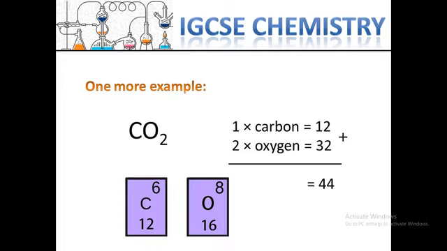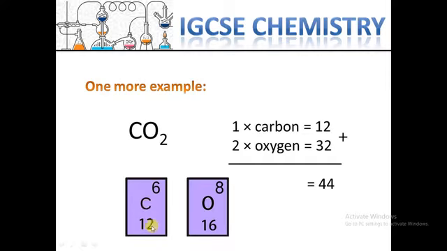Another thing you need to know is that if you refer to the periodic table, the atomic mass is available at the bottom of each element. For example, for carbon, the atomic number is 6. We studied before about atomic number, which is equal to the number of electrons or protons.